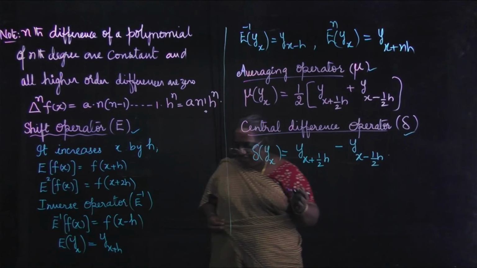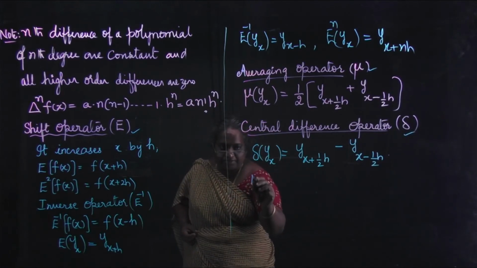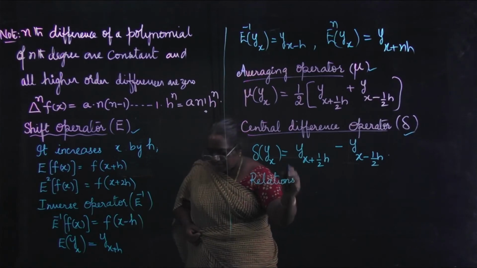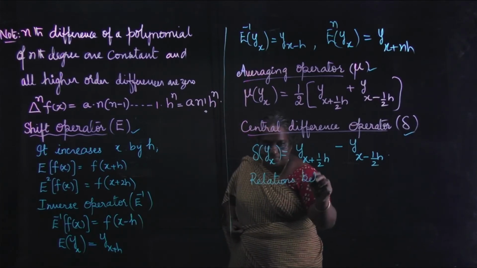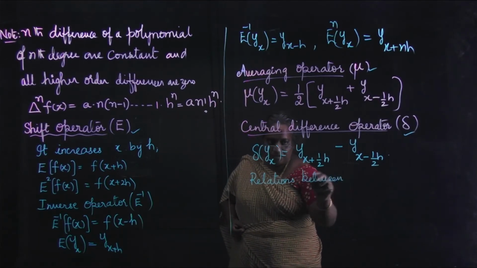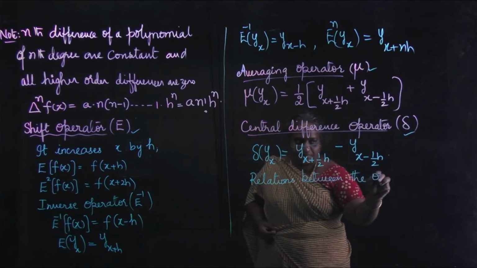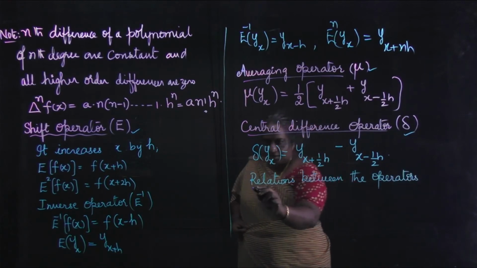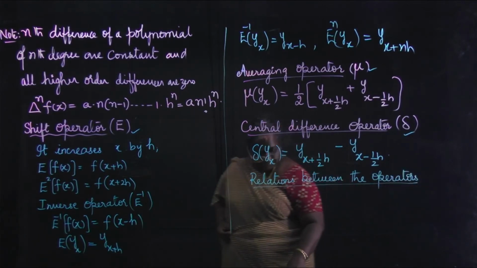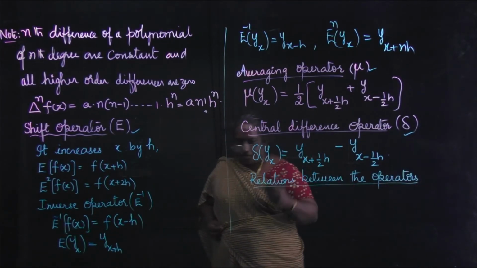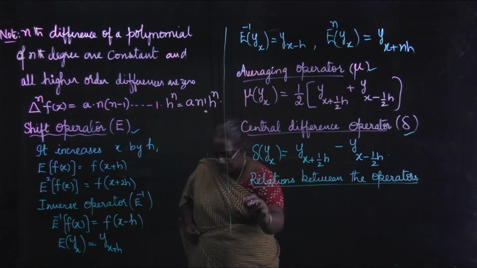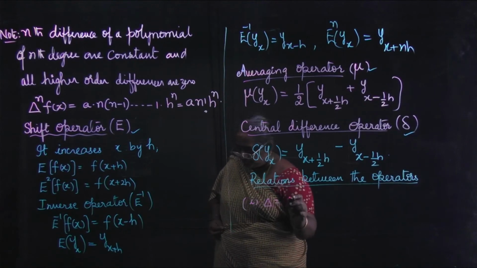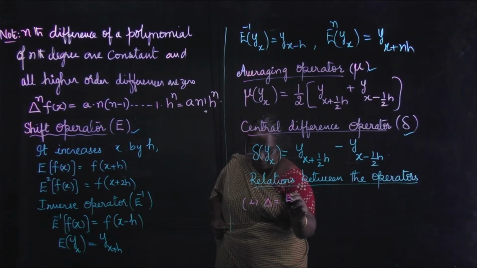Now we see the relations between the operators. So the first one: the forward operator is equal to E minus 1.